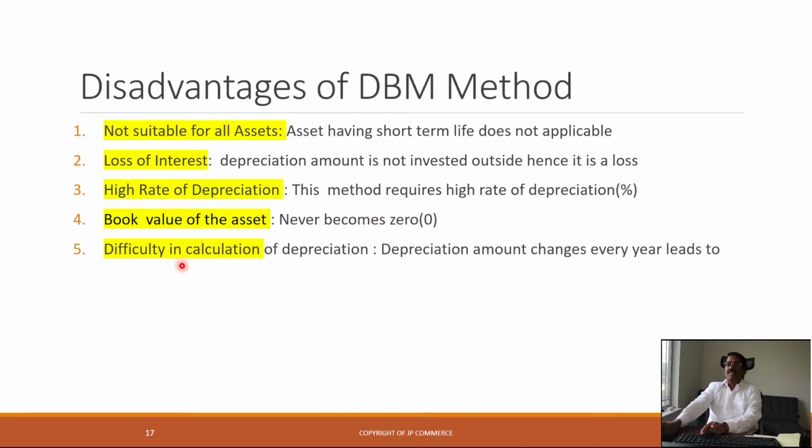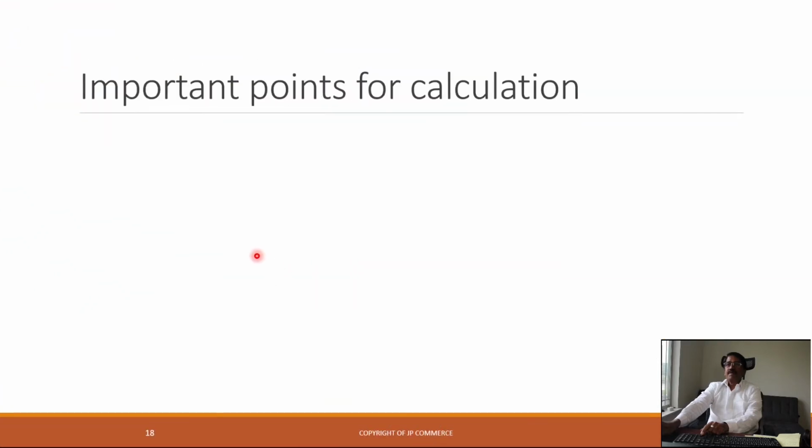Calculation: this method is very difficult, as every year we have to calculate depreciation on the balance brought down. The amount of depreciation changes year by year, so it is difficult to calculate. Now, important points for calculation.